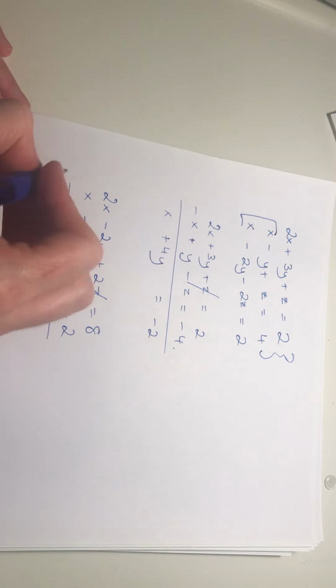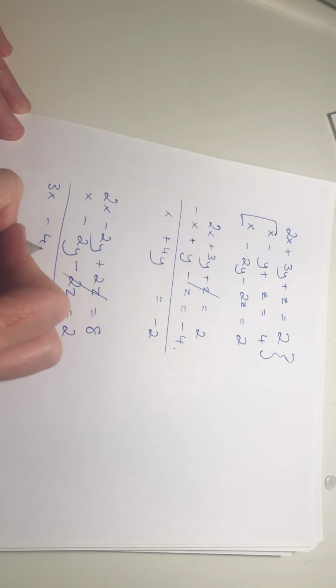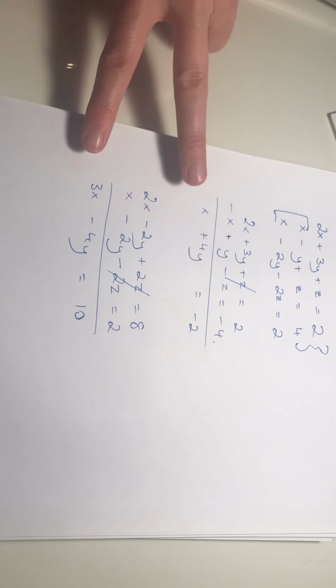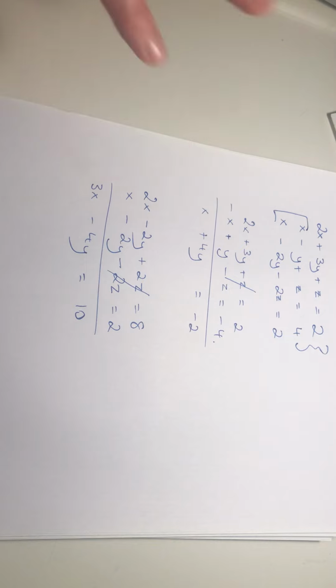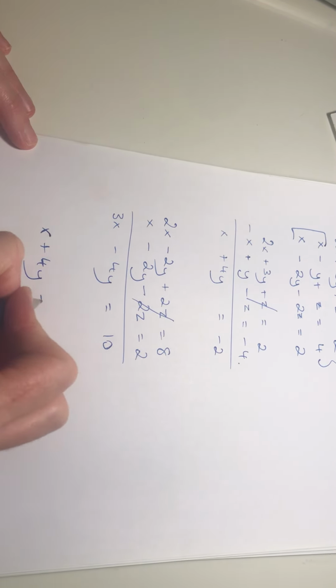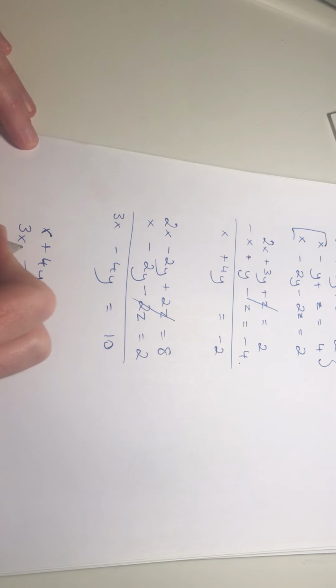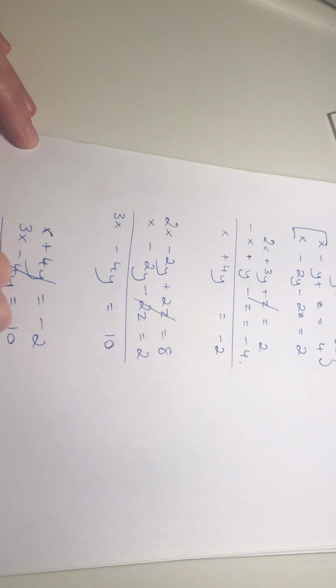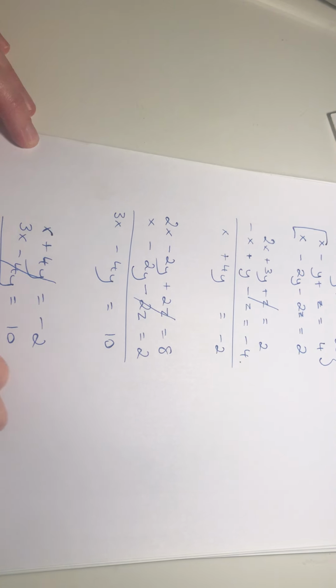Again, that gets rid of the z's, and I'm left with 3x minus 4y equals 10. Now I'm going to take these two and put them together. The y's are actually going to cancel out, which is great. Don't have to do anything. And put 4x is equal to 8.